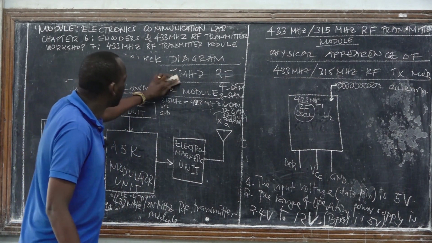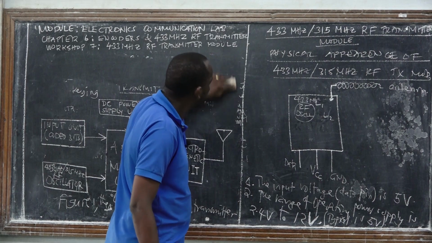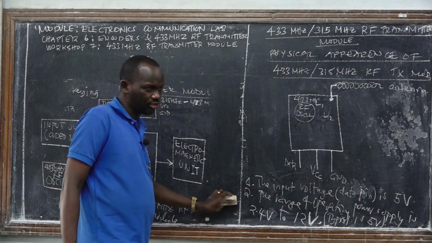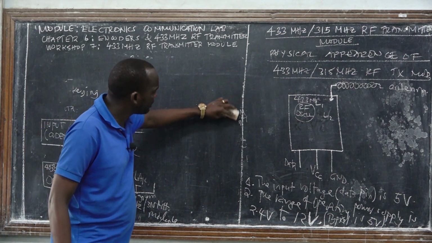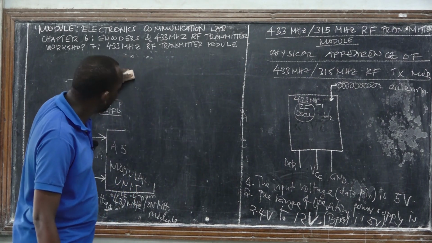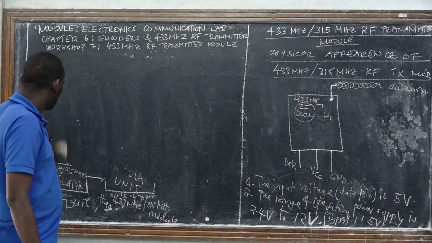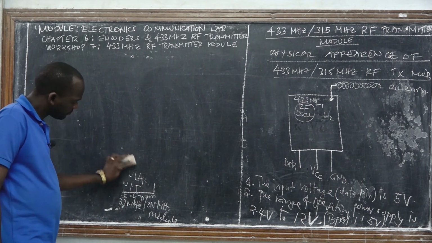Then another important information that you may ask is, what is its coverage distance? For how long can this RF transmitter transmit the information over the space?